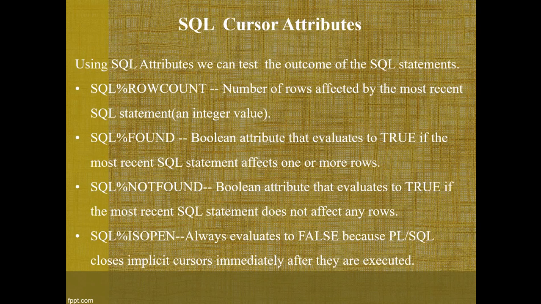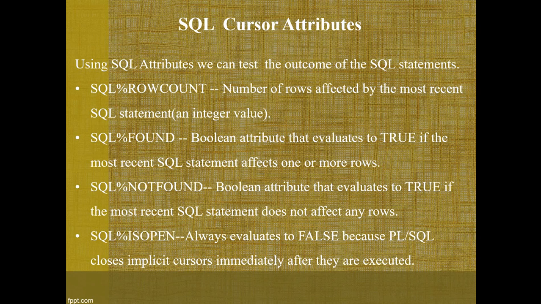Here we are going to see the cursor attributes. We have four types of cursor attributes: %ROWCOUNT, %FOUND, %NOTFOUND, %ISOPEN. %ROWCOUNT is used to count the number of rows affected by the most recent SQL statement. It will return an integer value based on the number of rows affected by the most recent SQL statement.